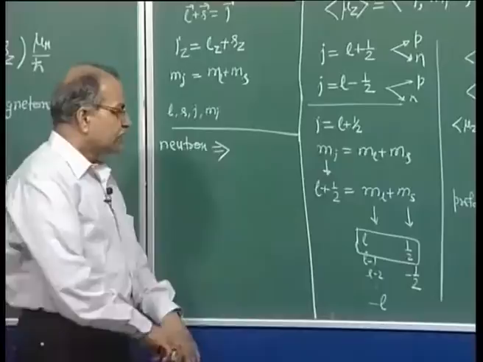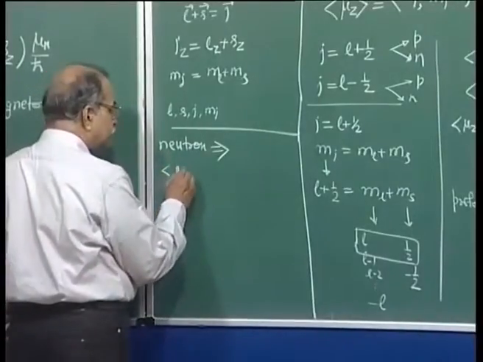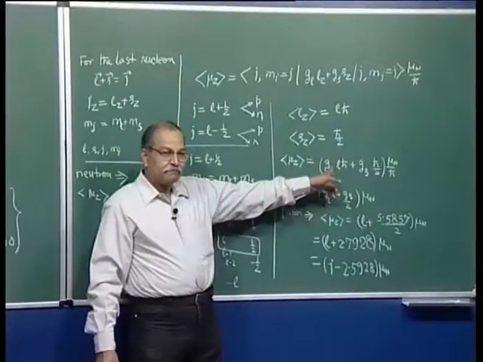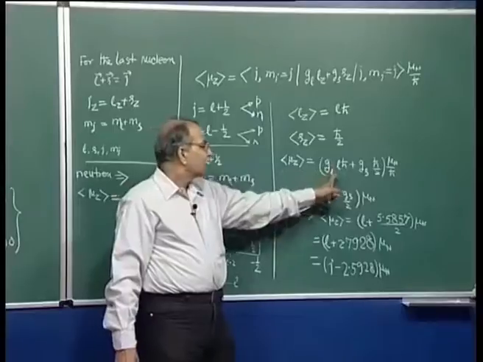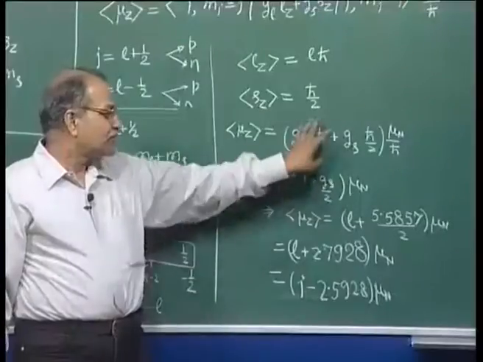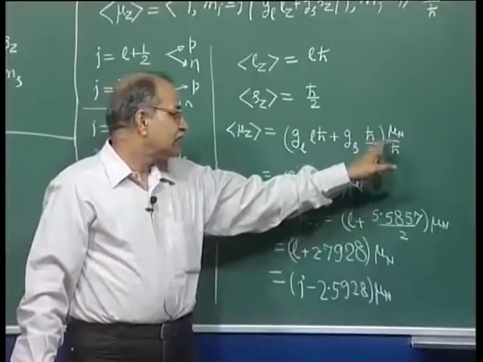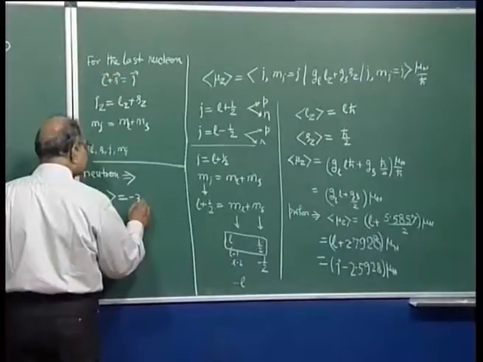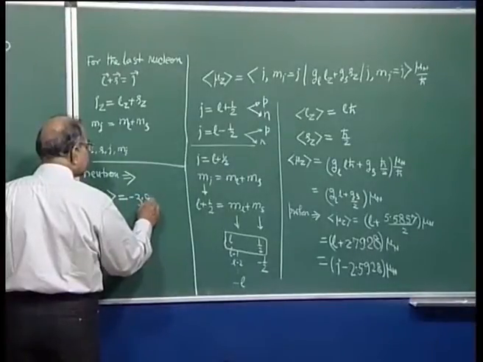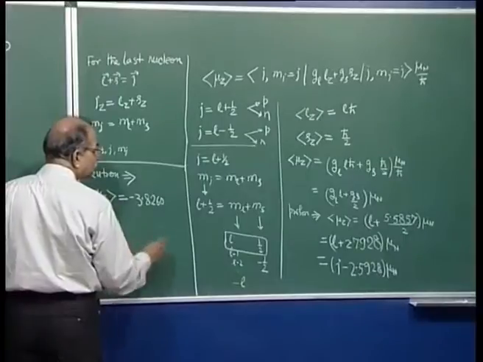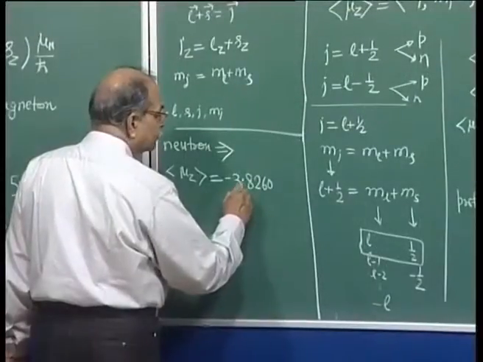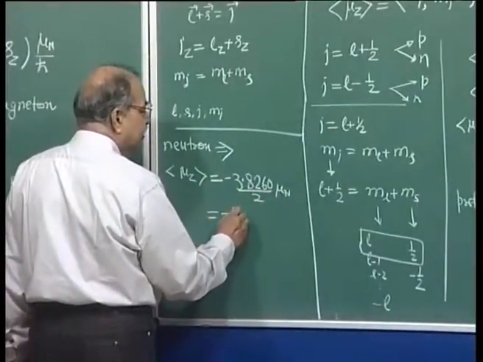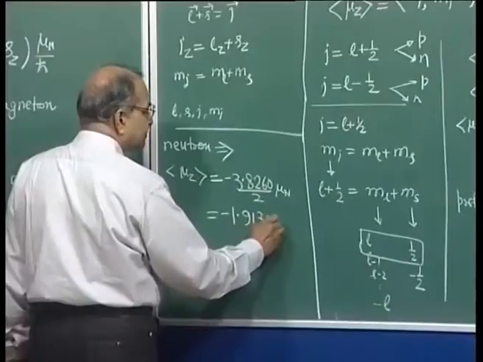In that case you will have mu z equal to GL for neutron, how much? GL for neutron is 0, so this term does not come. It is just GS times GS divided by 2 times mu n, and how much is GS? 3.8260, and then divided by 2 times mu n, that should be minus 1.9130 mu n.